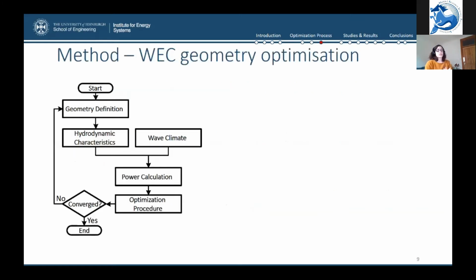To address these questions, I developed this wave energy converter geometry optimization process. This started by re-implementing a method that had been developed by the late Dr. McCabe, because this method was able to generate very diverse shapes. It had a geometry definition that was very adaptable, and so it was able to come up with a wide range of shapes as a result of the optimization.